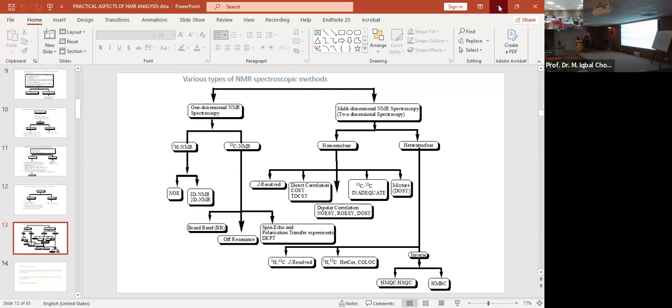And there are lots of parameters available in TopSpin that you can manipulate to increase the sensitivity, so you can get a better spectrum, but you have to play around with this mathematical calculation. I don't know about the use of artificial intelligence in that case.